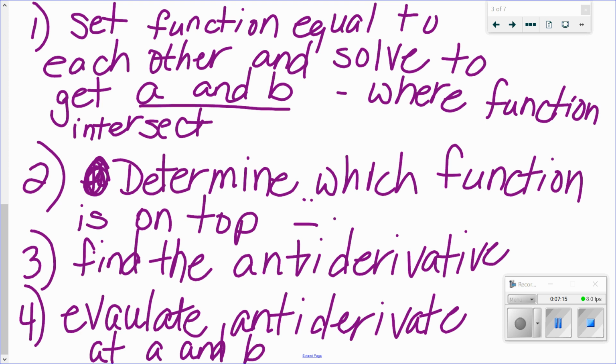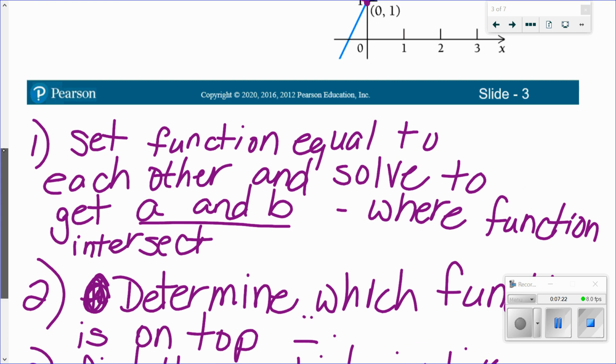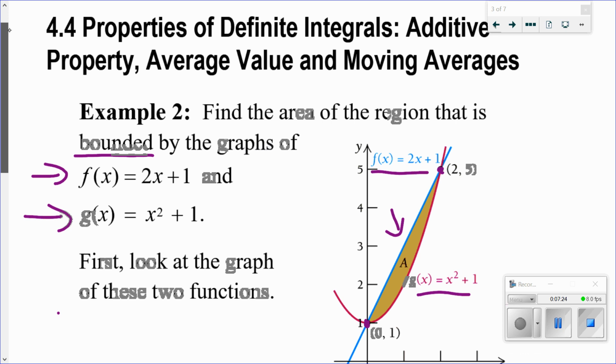Okay, so those are your 4 steps. You might want to take a minute and write those down. So let's go ahead and do those for this particular function.